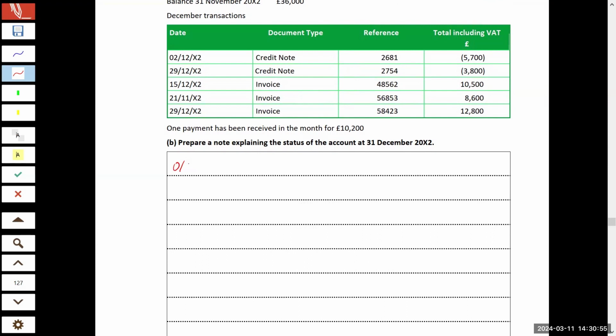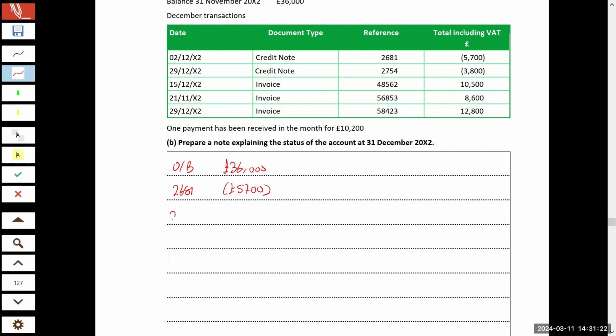there's an opening balance of £36,000, isn't there? There are two credit notes. Credit note 2681 gives me £5,700.